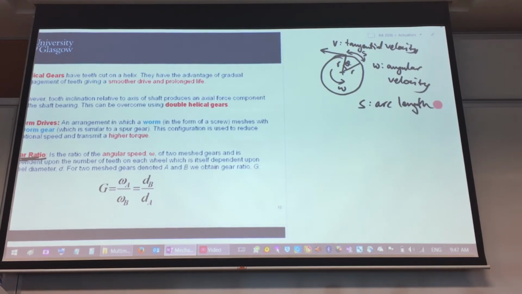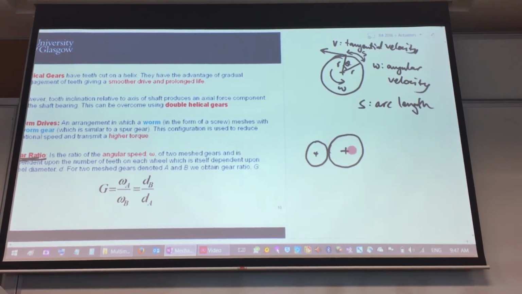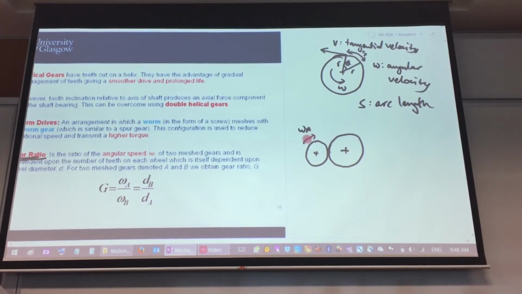So if I were to look at two gears, the pinion and the spur gear, and say that this pinion gear is rotating at angular velocity omega A, do you think the spur gear will be rotating clockwise or anti-clockwise?